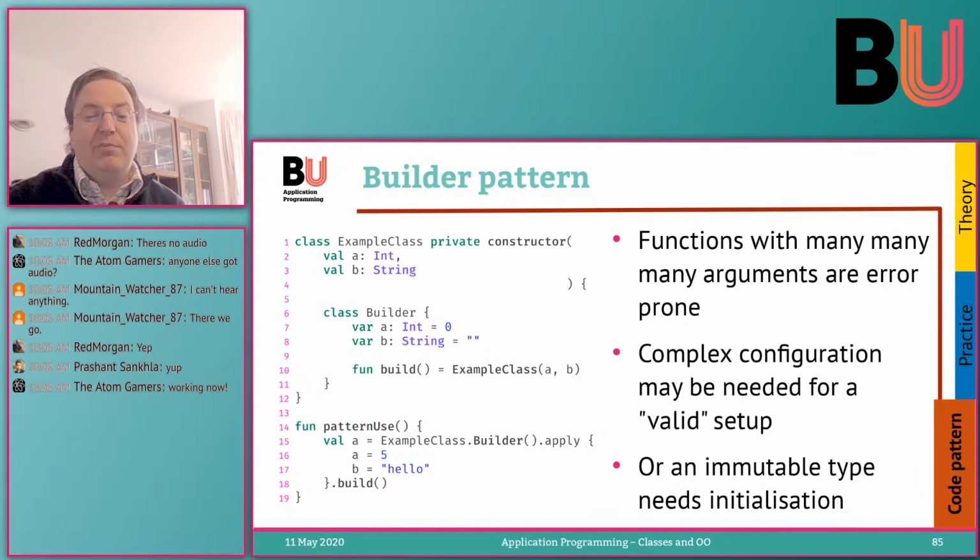And when you build it, it might do some checking and things. But in particular, it handles the case where you have error-prone functions with many arguments, or especially constructors with many arguments. And Kotlin makes this slightly less important because you can have named parameters. If you have a number of the same parameters and you don't have names, it becomes very easy to not order them correctly.